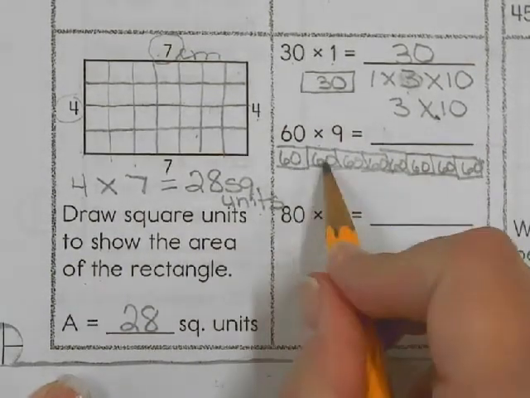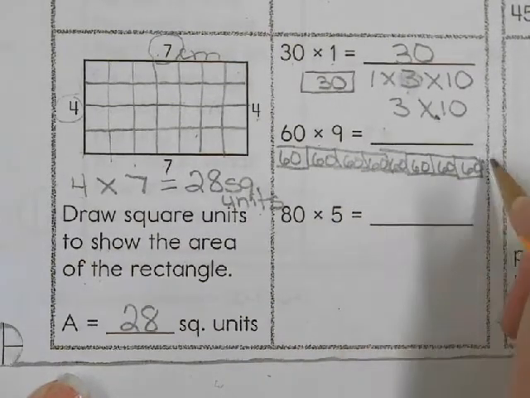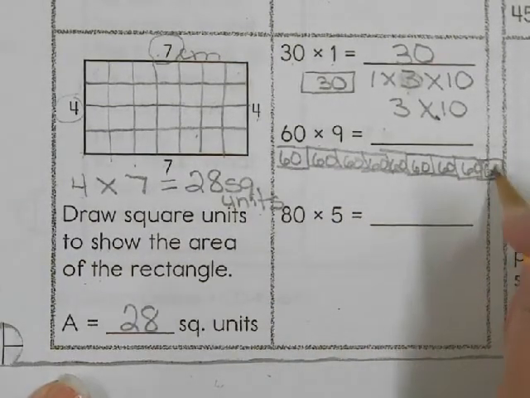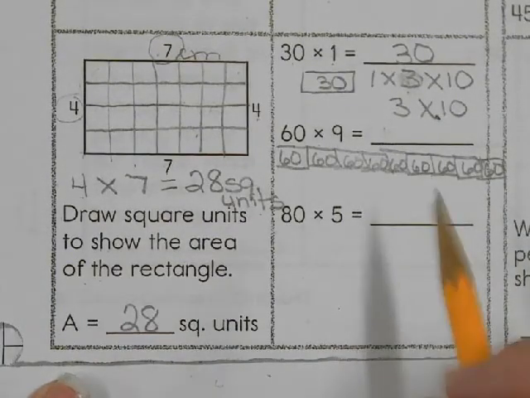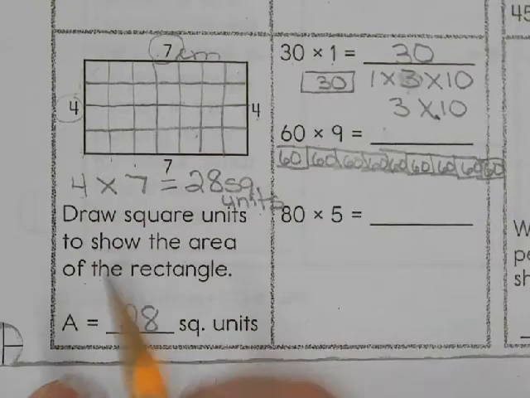So that's 1, 2, 3, 4, 5, 6, 7, 8, 9 groups of 60.